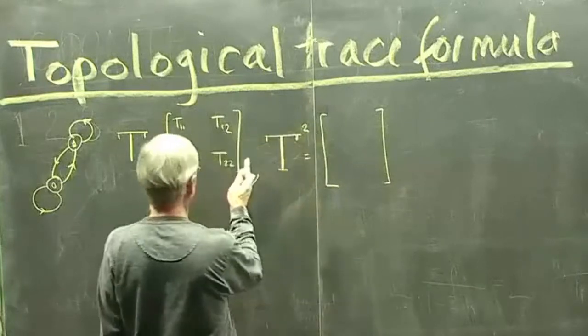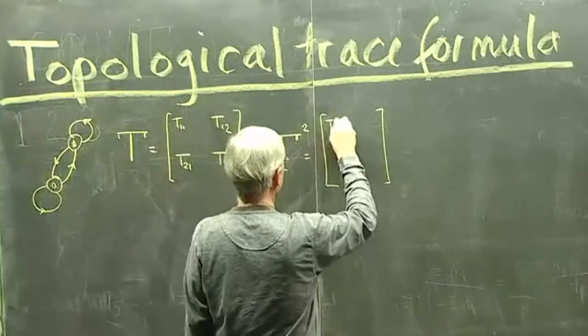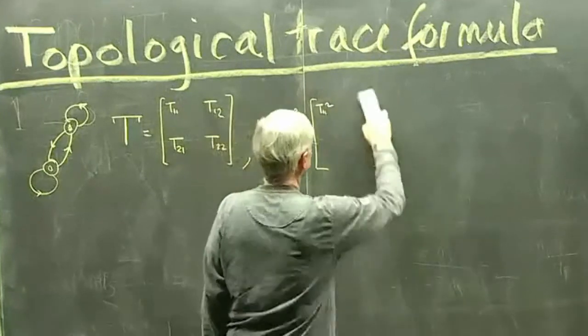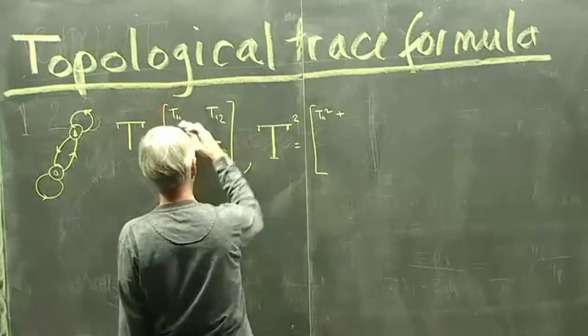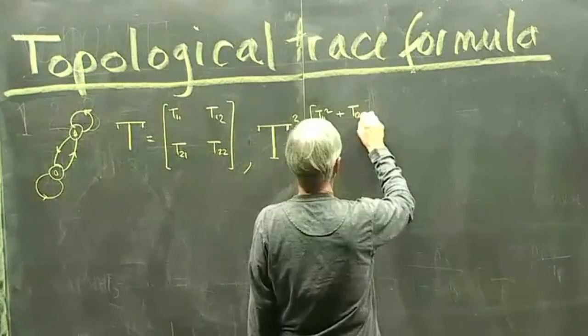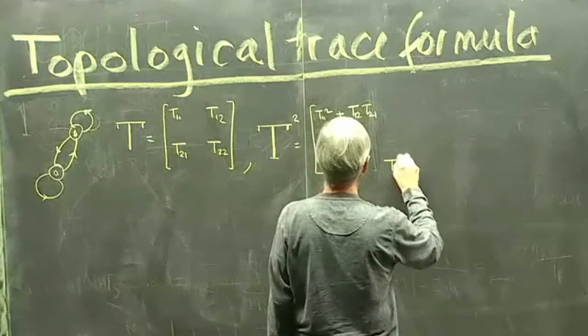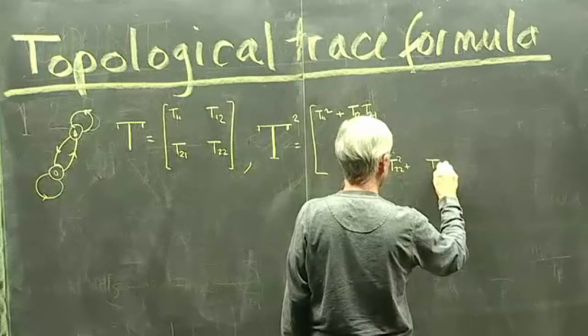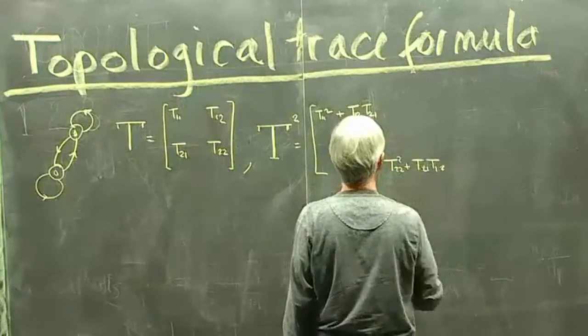As I multiply this by itself, up here I'll get t11 square. As I multiply this, I'll get t12 times t21. Here I get t22 square plus t that starts at 2, goes to 1, goes from 1, goes to 2.